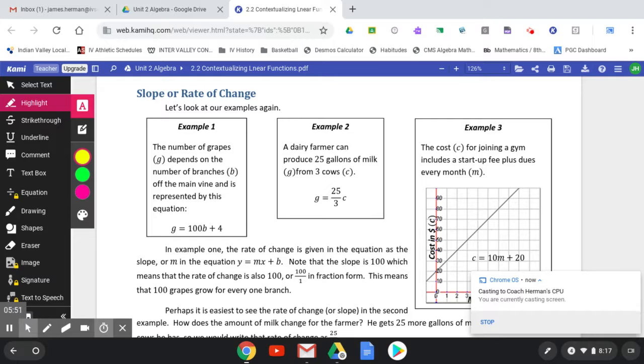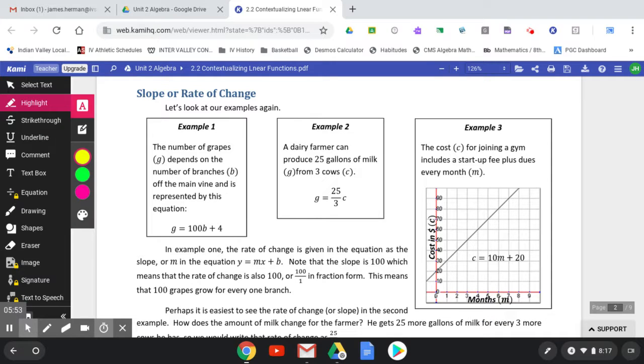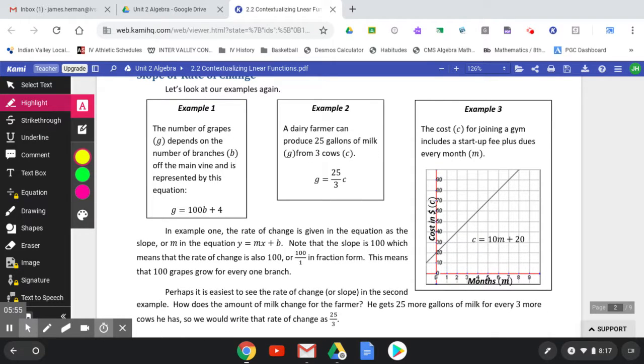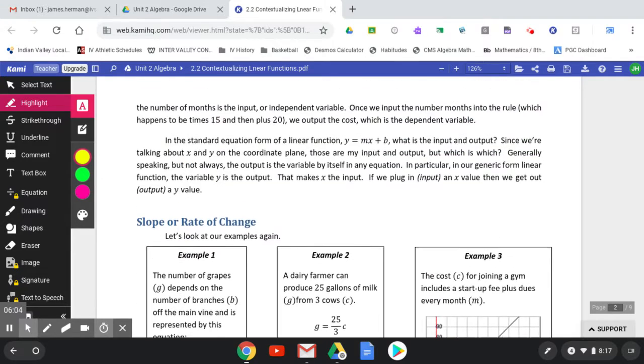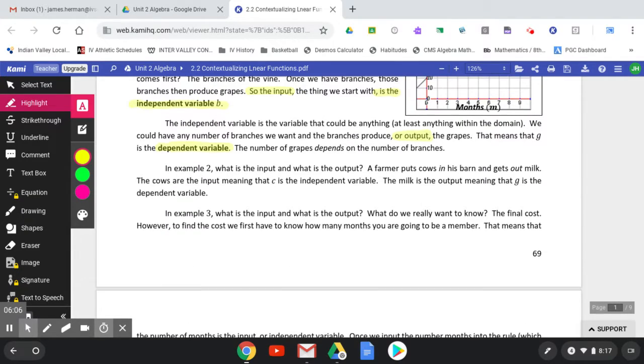Something else that was important in the next one. Come on, you already have it highlighted, so just look. I have the independent variable is the variable that can be edited at least within the domain.